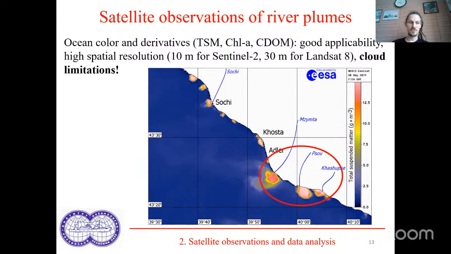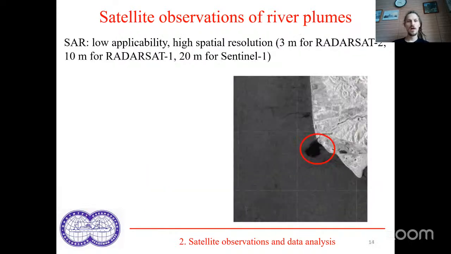But usually rivers are turbid, river plumes are also turbid, and usually river plumes have high chlorophyll and dissolved organic matter concentration because of nutrients available in the river water. So these products are very good for studying river plumes, but it could depend on the region, and it could not work in some regions.